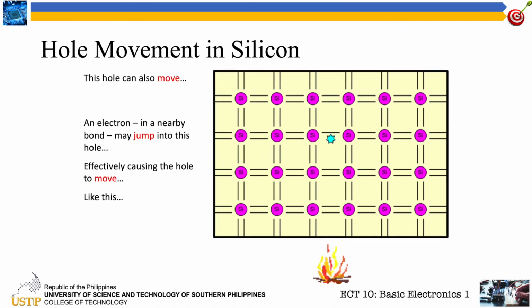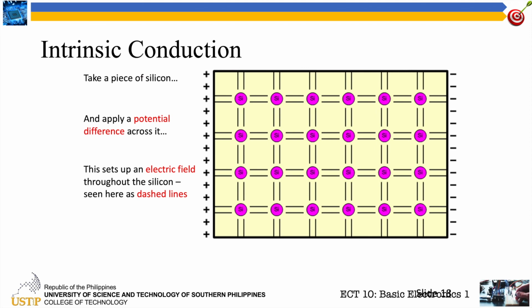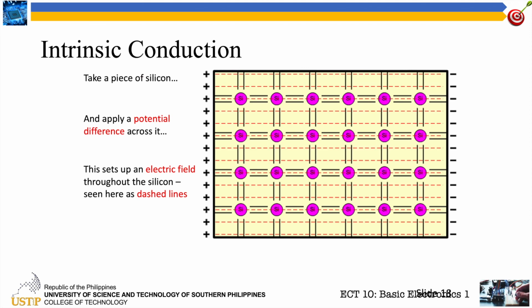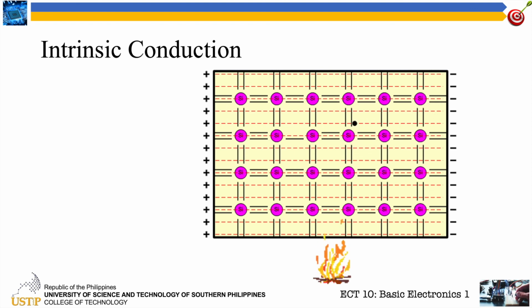But as you can see here, if we now apply the potential difference, we set up these red lines. This is our electric field, and this is where our electrons will flow. That will be the path of our electrons. So our electron now has its own path whenever it is freed for conduction.